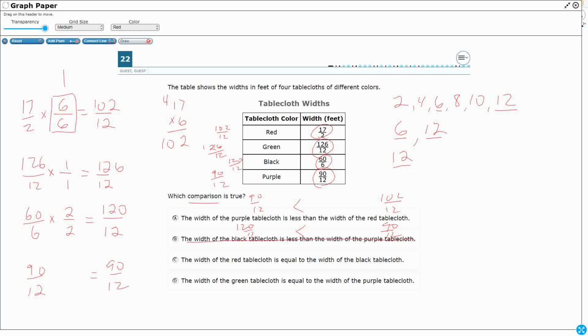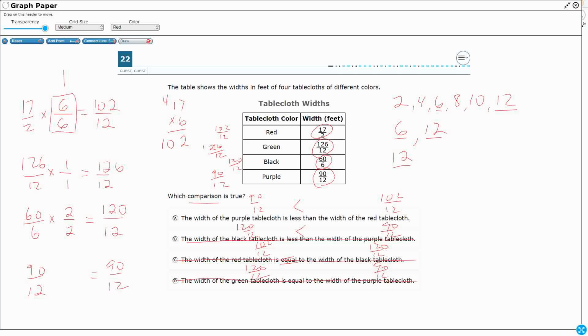It's greater than. The width of the red is equal. No, red is 102. And the black is 120. So that is incorrect, right? And then we've got the width of the green is equal. That's 126. Purple, 90. No, so both of those don't work.